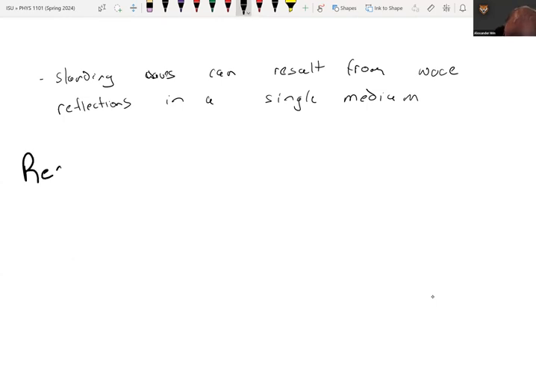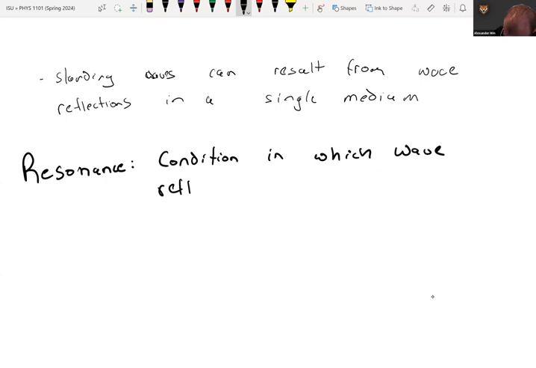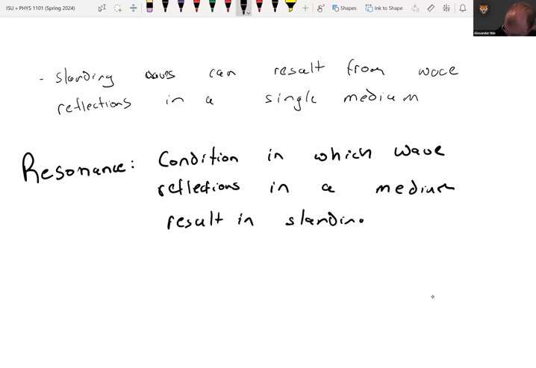So resonance is a condition in which wave reflections in a medium result in standing waves in that medium.